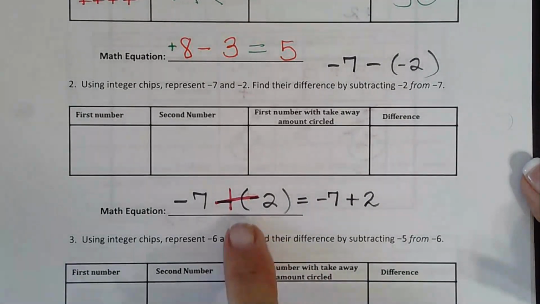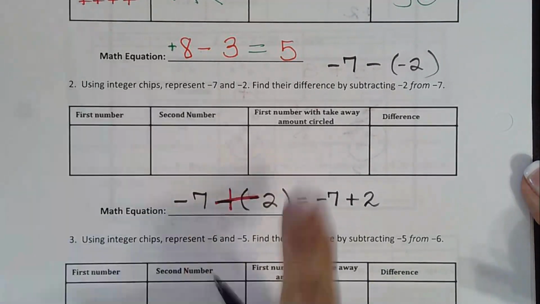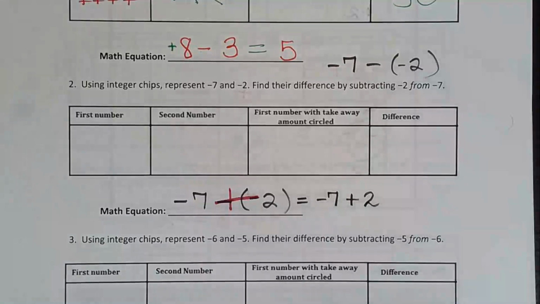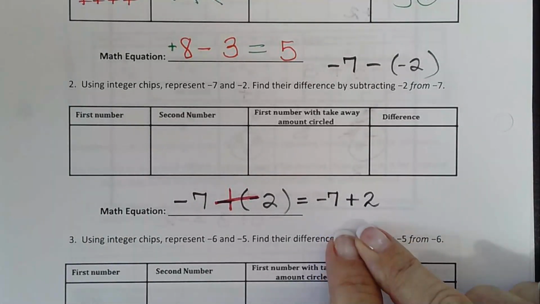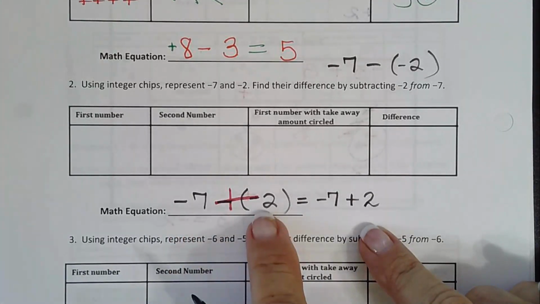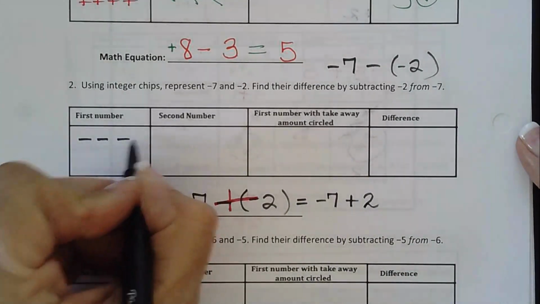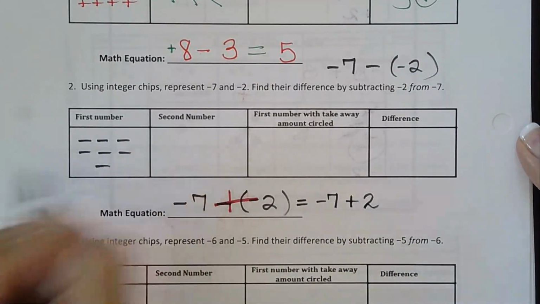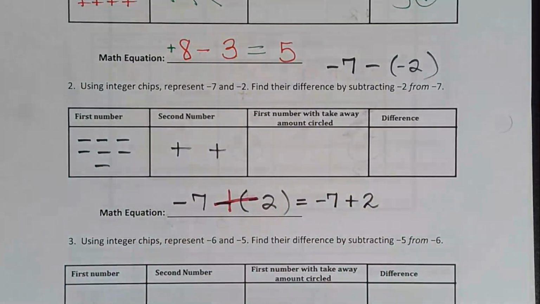Because 9 times out of 10, students try to represent this one, they get it wrong because of all that red and the double negative. But when you rewrite it, you'll never get it wrong. It's now just -7 and a +2. So that means I need 7 negative chips and 2 positive chips. So it's so easy once you do that double negative thing.